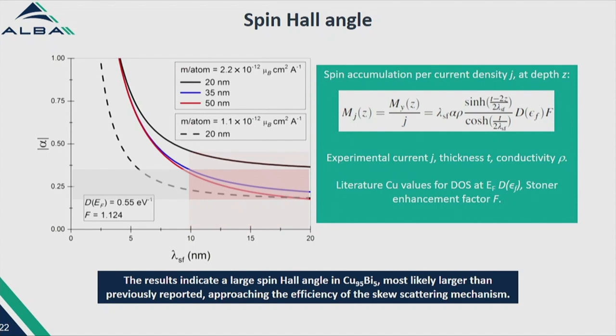All our measurements are compatible with a spin diffusion length between 10 and 20 nanometers, which means that the value we are looking for is around 0.2 to 0.25 spin Hall angle. Other people call it 25% or 20%, but it's quite high. It's even higher than previously reported for the same material. Of course, we have a higher doping also, you have to think. The previous measurements were below 1% doping.